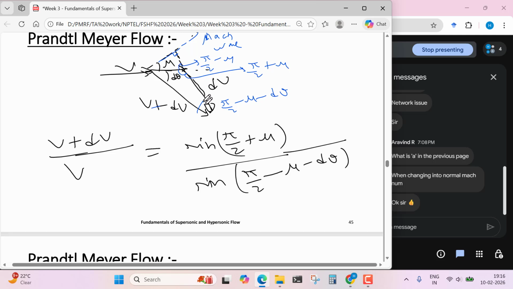So this angle is 90 degrees, and this angle we will find as pi by 2 minus mu minus d theta. So if we use the sine law, we will get (v plus dv) upon v equal to sine(pi by 2 plus mu) upon sine(pi by 2 minus mu minus d theta).